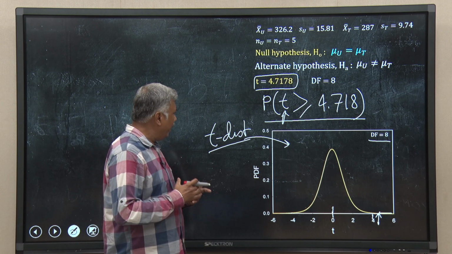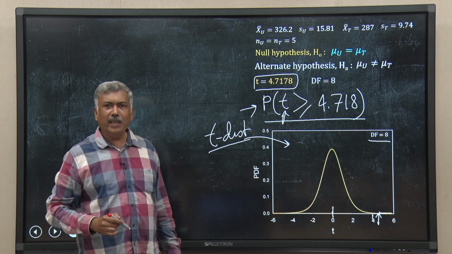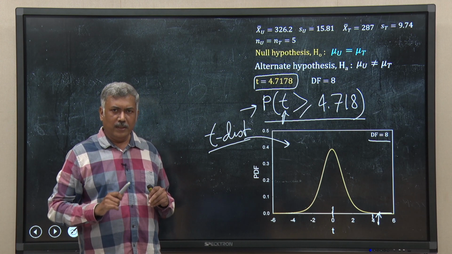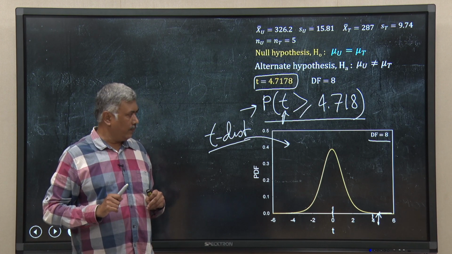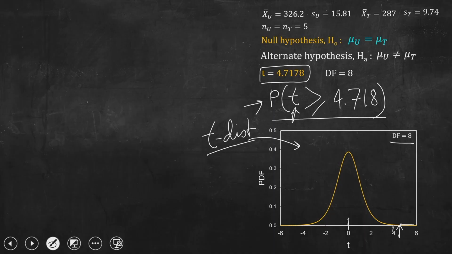That means the probability that t will be greater than or equal to 4.718 will be very small, and I will show you the value. It is a very small probability, but there is an issue here. See how I am calculating the difference in mean? I am taking x u bar minus x t bar.